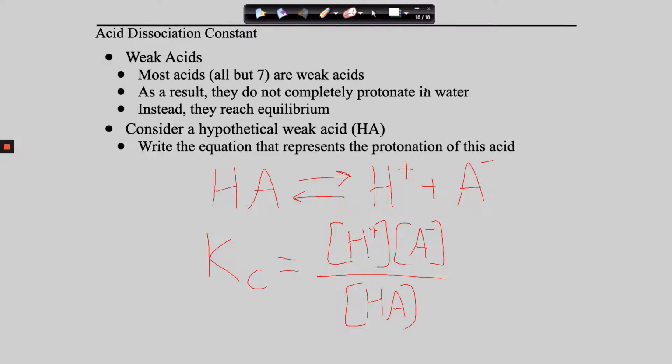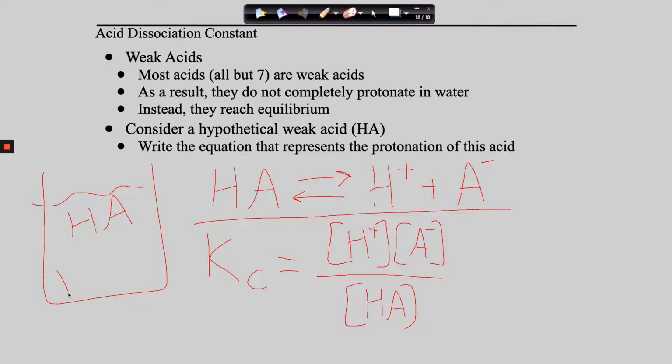Gave away a proton. So Josh's question is, what does protonated mean? And it literally means just give away a proton. So this is the representation of the protonation of this acid. But the trick is this. In the beaker, you're going to have HA dissolved in water, and you're going to have protons and conjugate base ions, all of those in the water.